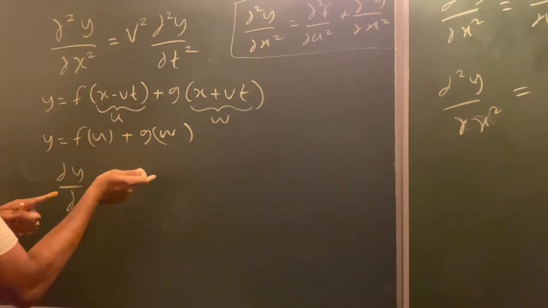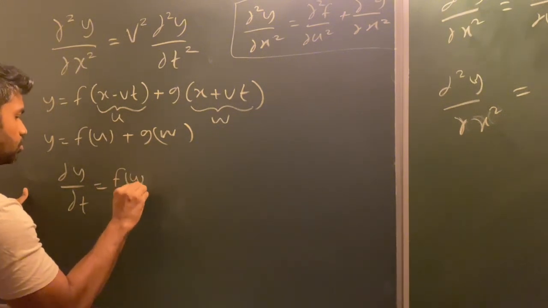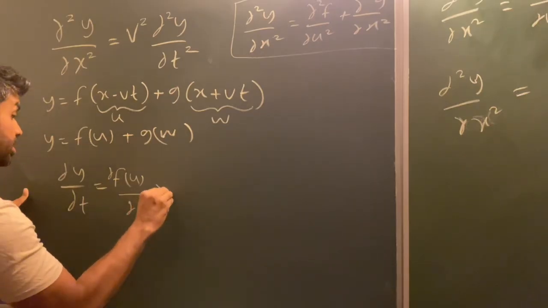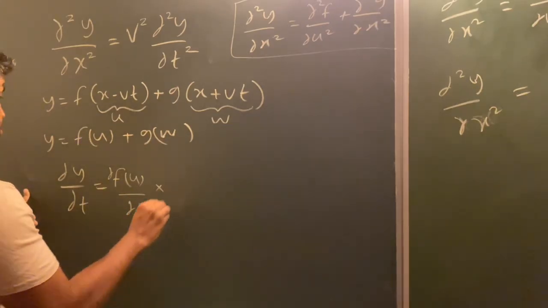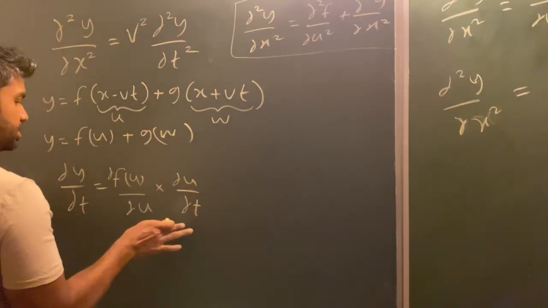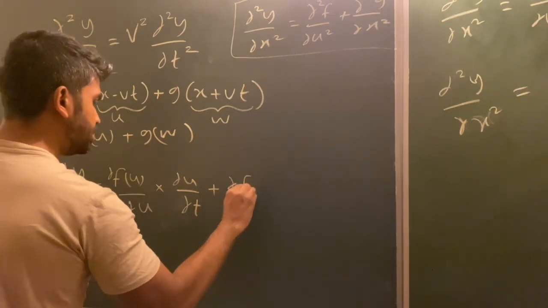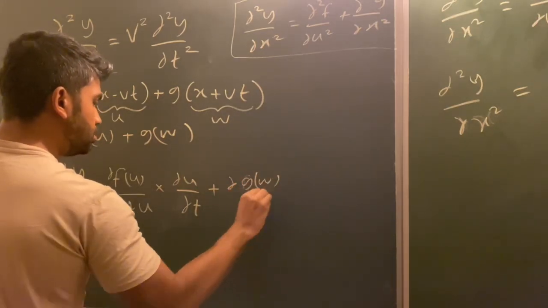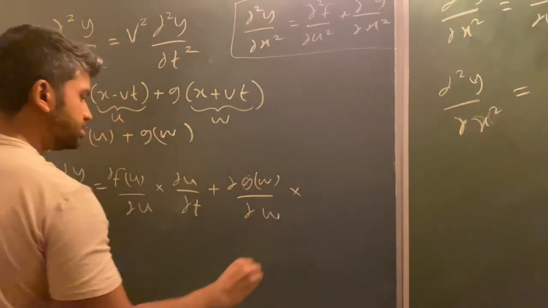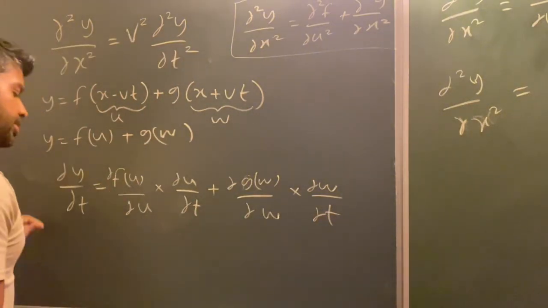Just as our previous one, the first derivative is ∂f over ∂u times ∂u over ∂t, this time it's the t derivative, plus ∂g over ∂w times ∂w over ∂t.